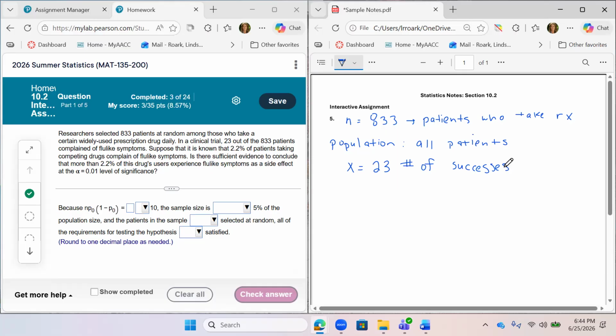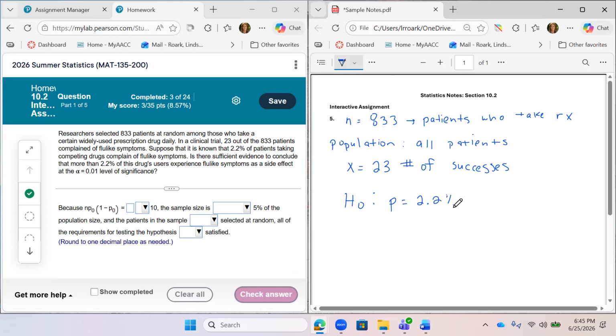Sometimes they word it different ways, like the CDC states, or previous records show this. What we usually do is accept that as correct. We'll say that we think 2.2% of patients who take a similar competing prescription drug experience these symptoms.